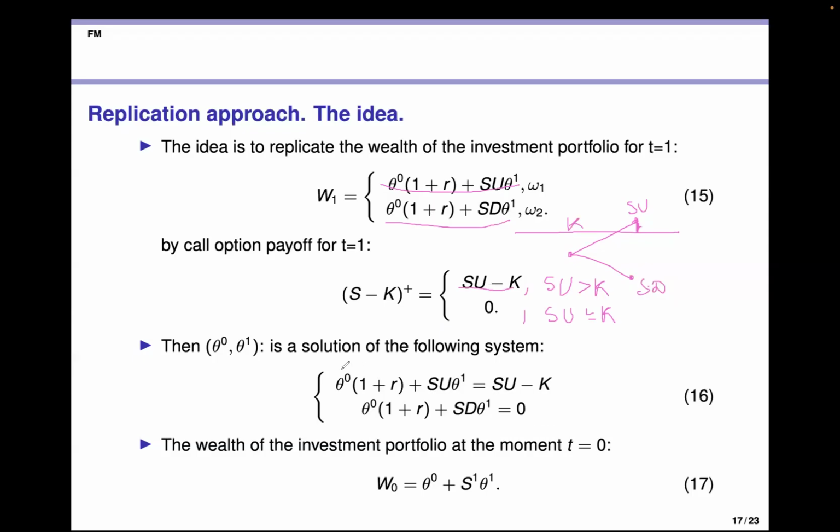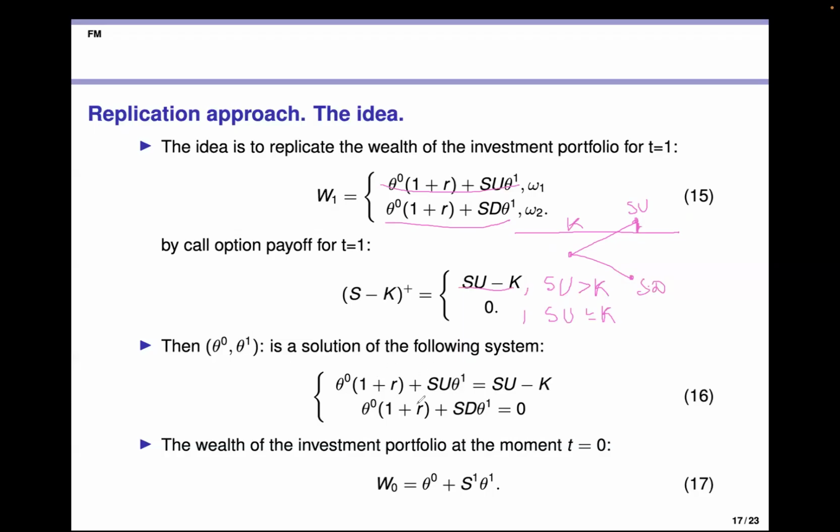So you see a system of linear equations, and the solution of this will be theta 0, theta 1. So these are the coordinates in our portfolio: how much we need to have in cash, either borrowed or invested, and how many stocks we have.